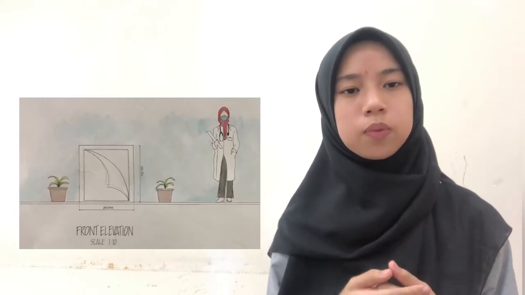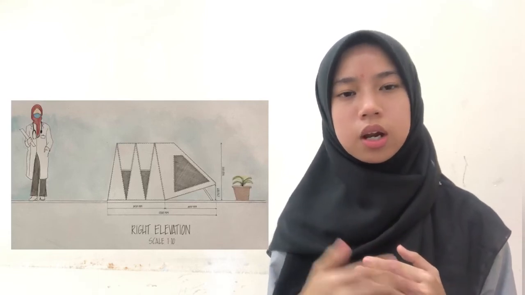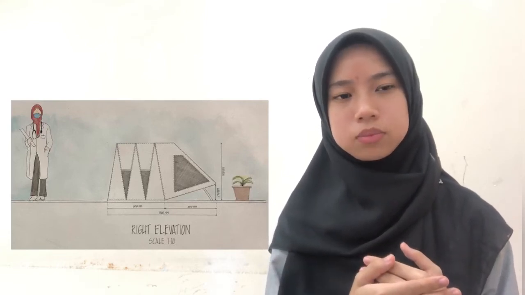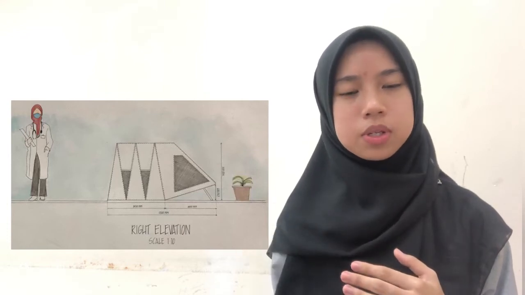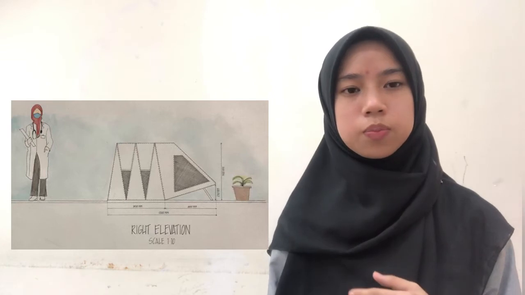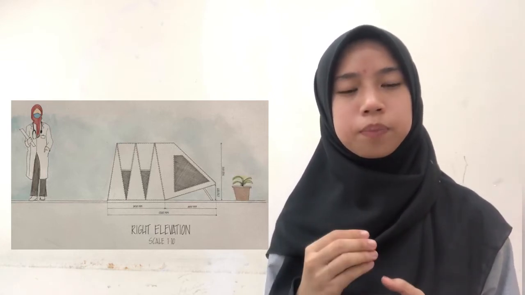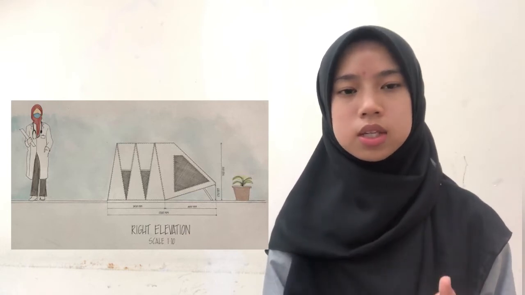The front elevation is where you can see the entrance of my pop-up pot, and the other one is the right elevation, where you can see a mesh net that I constructed for ventilation purposes, as I explained before. And same as the previous board, I drew this elevation also with a scale of 1 to 10.